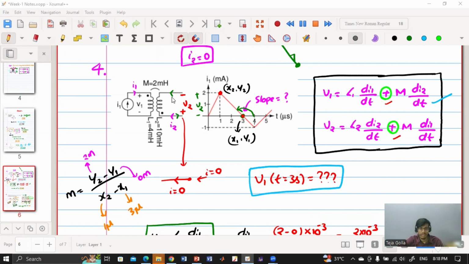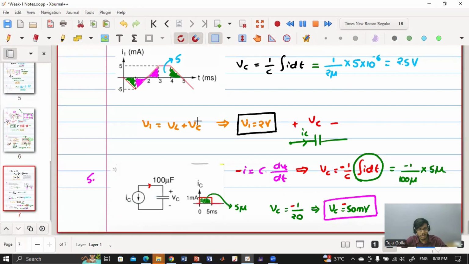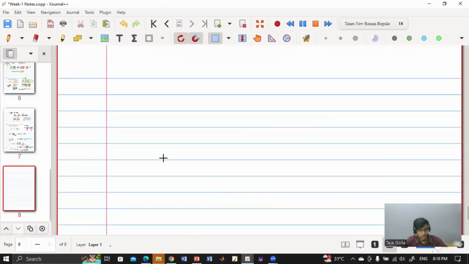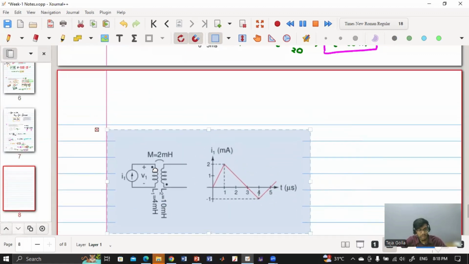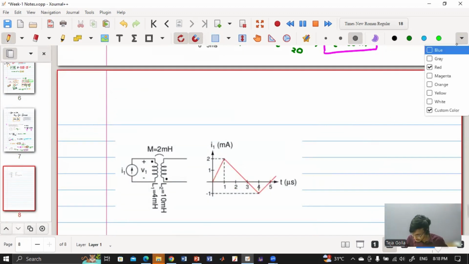If in I1 the dot is downwards, then will I1 di1 by dt be minus or will it be the same? Okay, let us just consider this and then we'll draw again. So I'll proceed, you tell me how you want the current direction. Do you want I1 to be the same or opposite? I1 will be the same, sir, but the dot will be downwards. Okay.